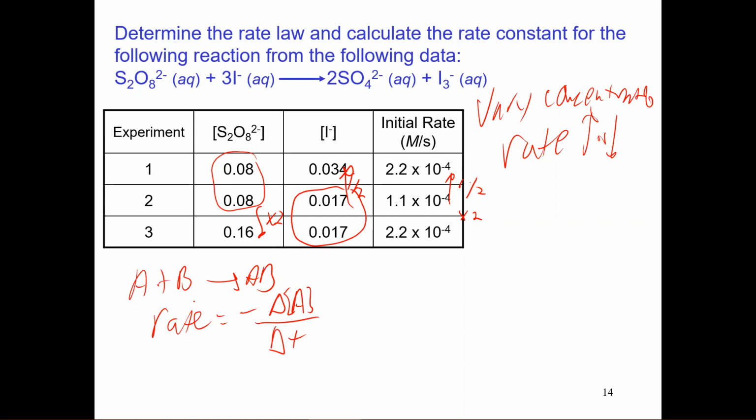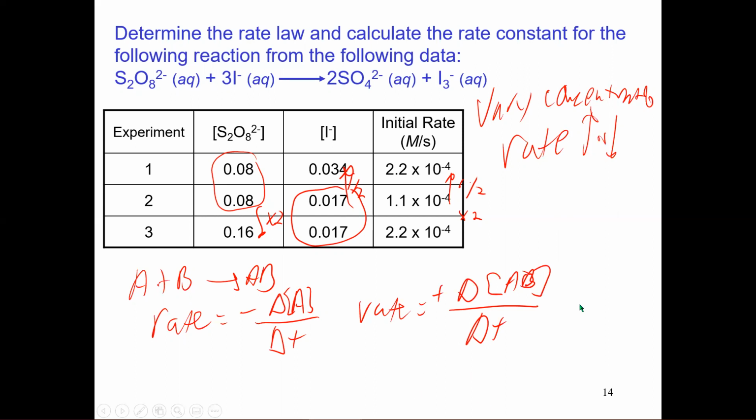And it's negative because this is decreasing. Whereas AB is also equal to plus delta AB as it goes up. So this is the nature of how these work.